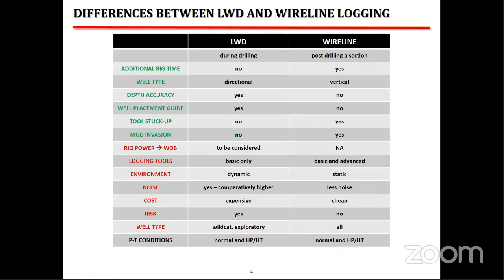LWD is usually preferred only for wildcat and exploratory wells where we do not have much understanding about the subsurface, while wireline logging is carried out for development wells as well. Lastly, both LWD and wireline logs can be carried out under normal as well as HPHT conditions.